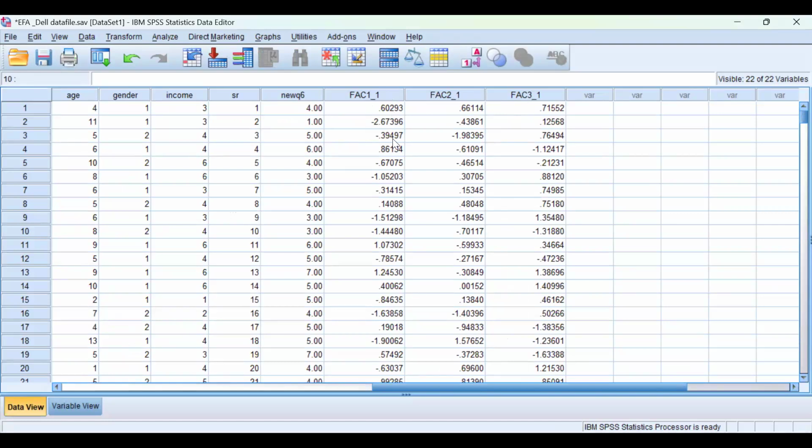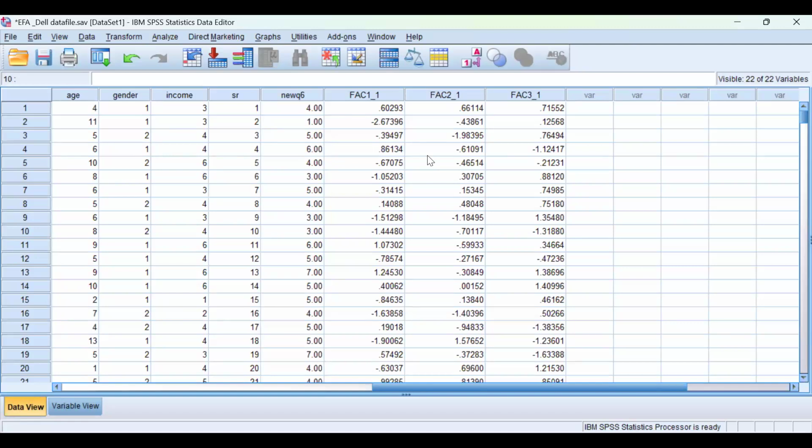Whatever factor scores you have extracted, you cannot consider them as they are. Why? Because all the factor scores have a mean of 0 and a standard deviation of 1. So you cannot actually consider them in the analysis; we really need to have the z-scores for this, so we will do that also.